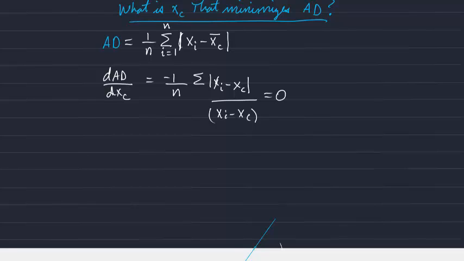And what you'll notice is that for x less than xc, dAD/dxc is equal to minus 1.